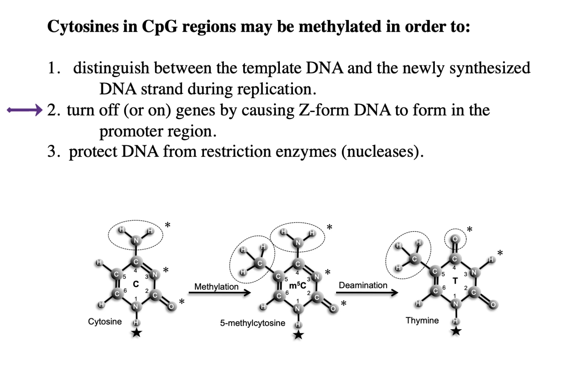It will twist the DNA somewhat so that, instead of normal B DNA, it can be reversed to form Z DNA. That normally, in a promoter region, will turn off transcription of that gene. And a third function of the methylcytosine is to protect the DNA from restriction enzymes. When they're methylated, those nucleases normally don't recognize that DNA and will not digest it. And this occurs in bacteria as well as in archaea and eukaryotes.